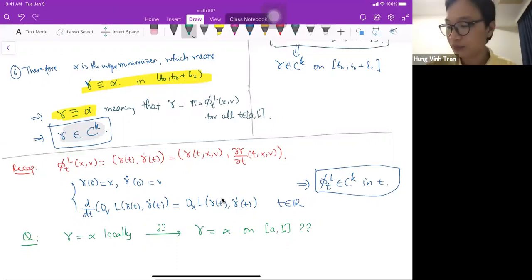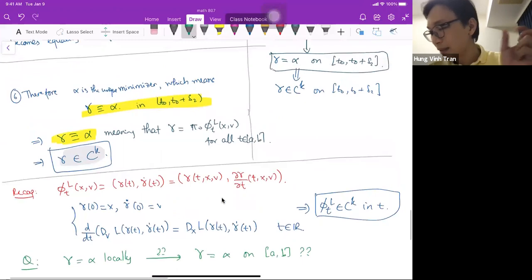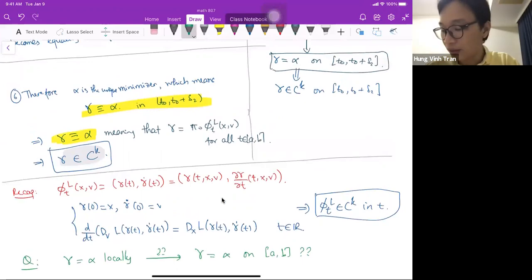Surely we have that it's C^k and nice in a small interval, right? Because we are using the local theory. Why can you conclude that it's global on the whole interval AB?